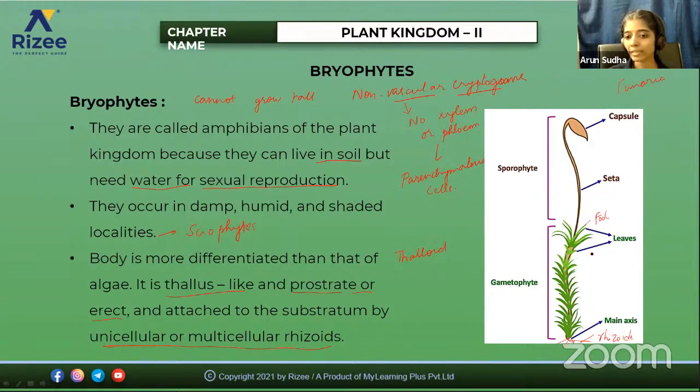Generally the gametophytic phase is attached to the substratum, because this leafy structure is the gametophyte, and from that arises the sporophyte. We'll see in detail what the gametophytic phase and the sporophytic phase are. The sporophytic plant body consists of foot, seta, and the capsule.